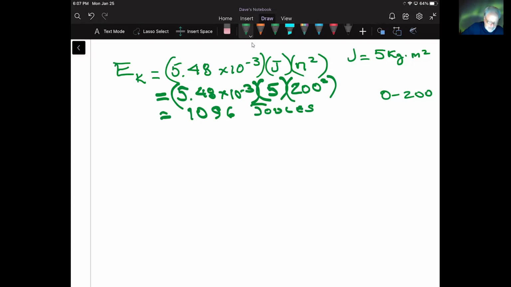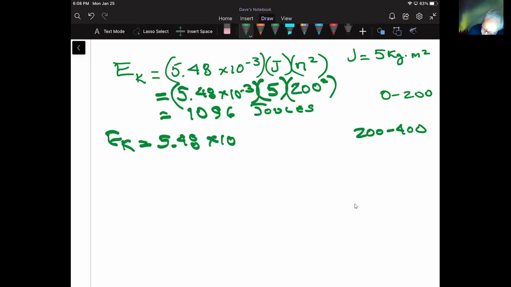Now the next one, let me go back and check this. Okay, the next problem says to go from 200 to 400. To go from 200 to 400, what is the energy? I had to go back and think about this for a second myself. Again, I've got this times 10 to the third. The J number doesn't change.